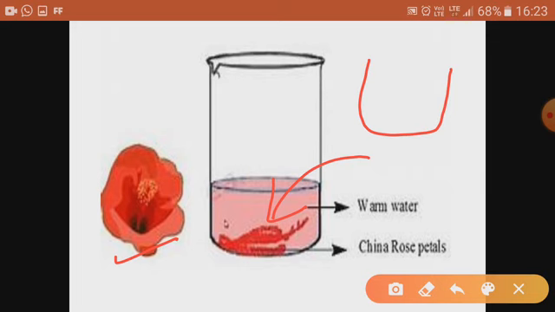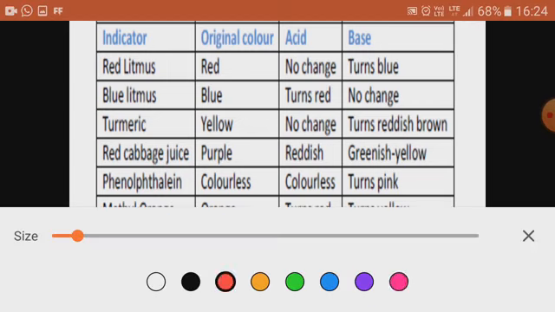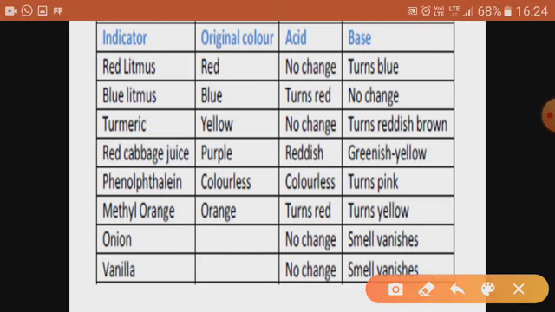What will be the change in color? Now see, this is the different change in color. This table is going to be very helpful. If it is red cabbage, it will become reddish when it is acid, and it will become green when it is base. This same red cabbage juice extract is just like your China rose extract.